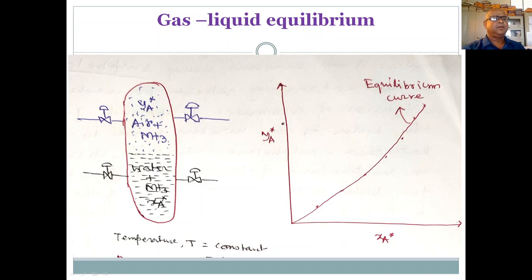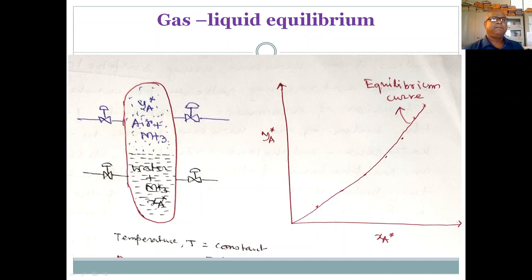Let's say I want to generate the equilibrium data for ammonia in a gas mixture, that is in air, and the ammonia is getting dissolved into water.